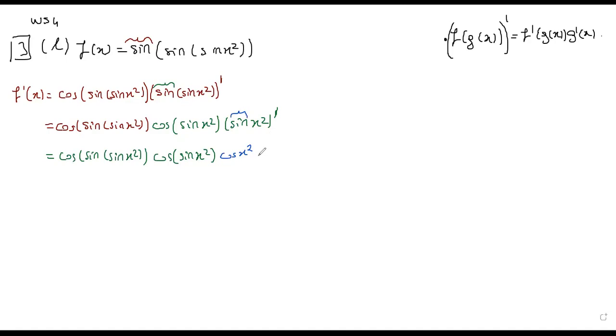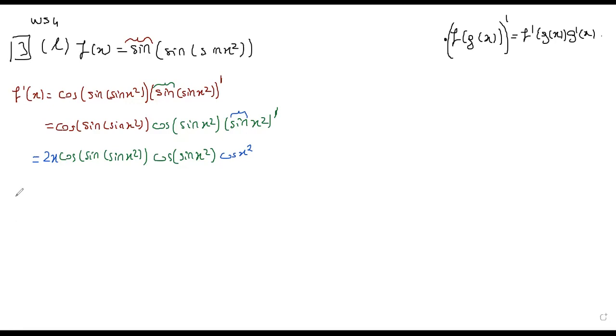But in general, we don't write it at the end. We write it in here. So this is the derivative of x squared, and this is the result, f prime.